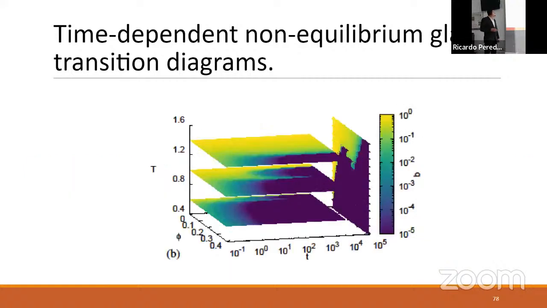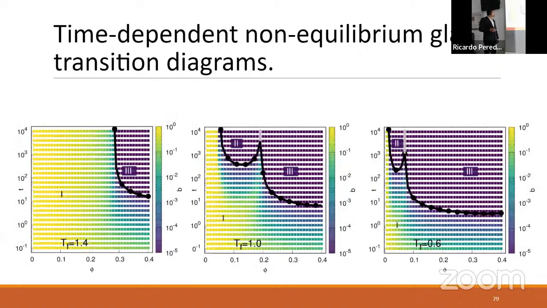By following, for example, the cuts of density versus time for different values of the final temperature, we end up defining planes whose description is pretty close to the time-temperature diagram observed, for example, in Laponite systems.